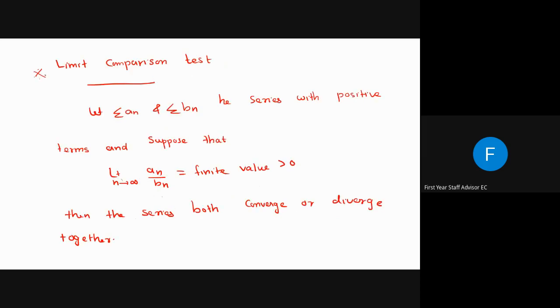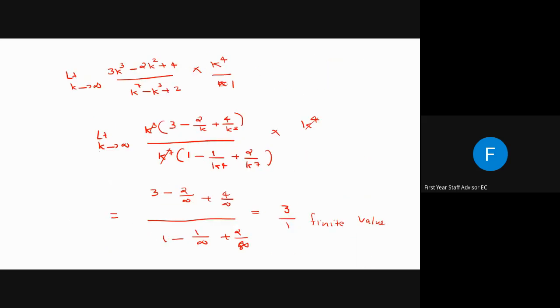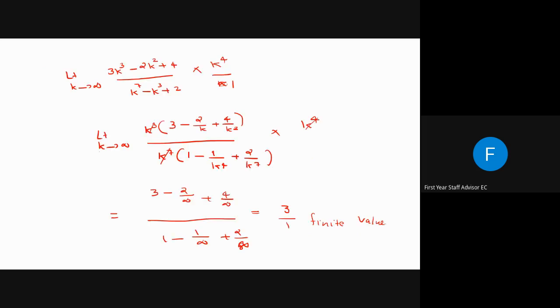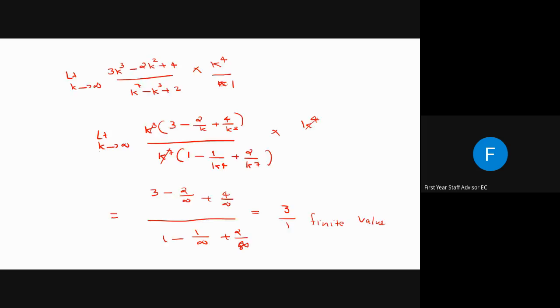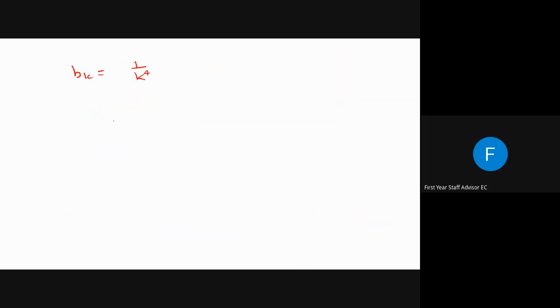Here an by bn is a finite value, then both converge together. Okay, in the case of p raised to k, in case of bk equal to 1 by k raised to 4, so summation 1 by k raised to 4.